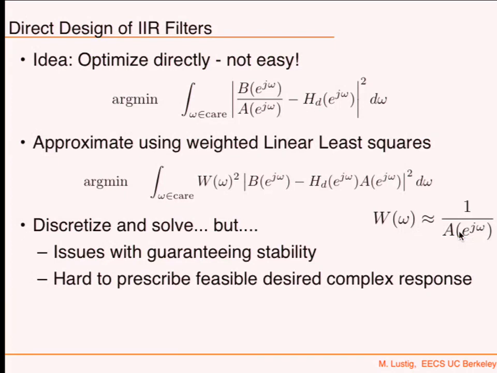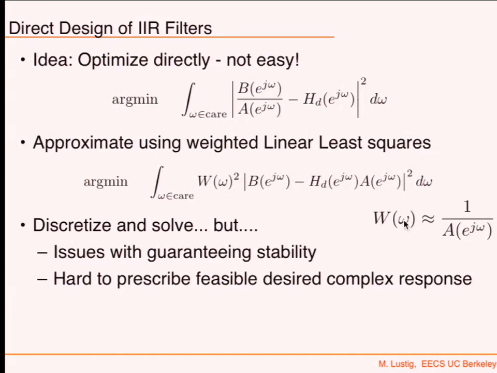But we don't know what it is, so I'm a little bit cheating here. But if I solve this, and I can prescribe a W that sets that, then I solve the original problem.